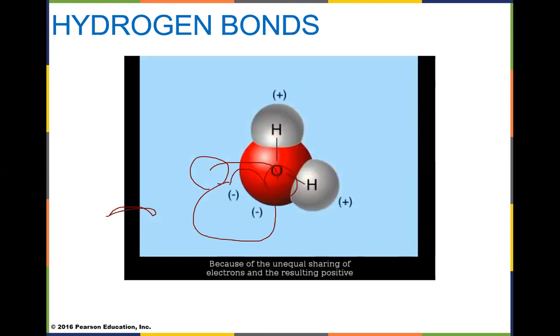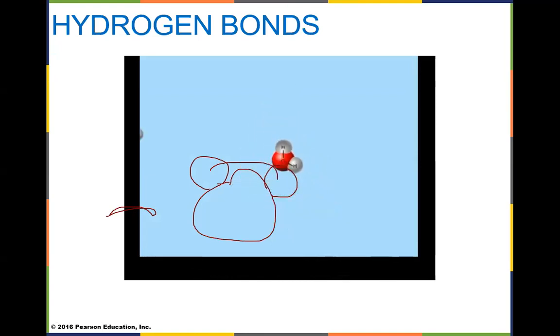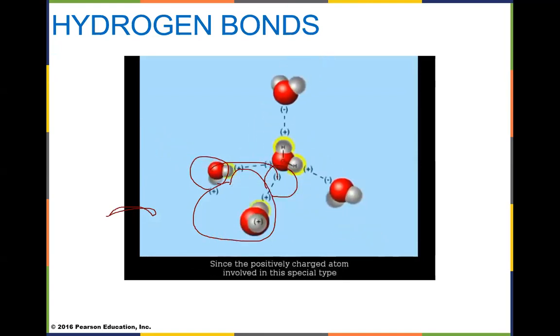When you have 2 water molecules together, the positive end of one water molecule will be attracted to the negative end of the oxygen. So the positive hydrogens can be attracted to numerous oxygens of adjacent molecules. Just imagine that it keeps spreading out and spreading out through here.